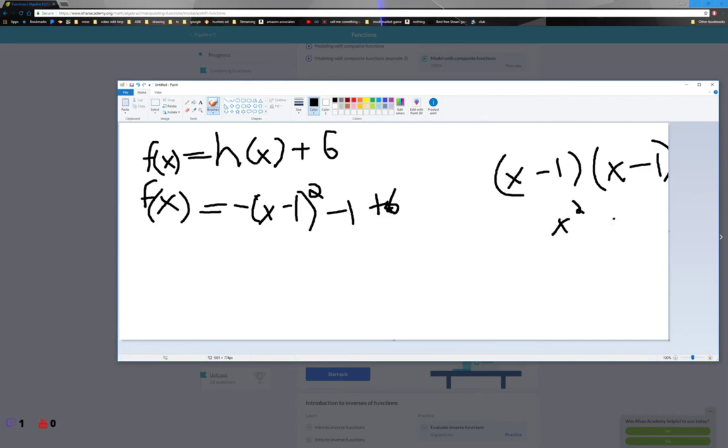And then x times negative 1, and that's negative 1x. x times negative 1 is negative 1x. And then negative 1 times negative 1 is positive 1. So we have x squared minus 2x plus 1.